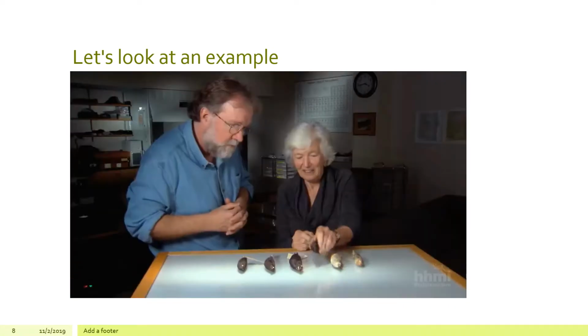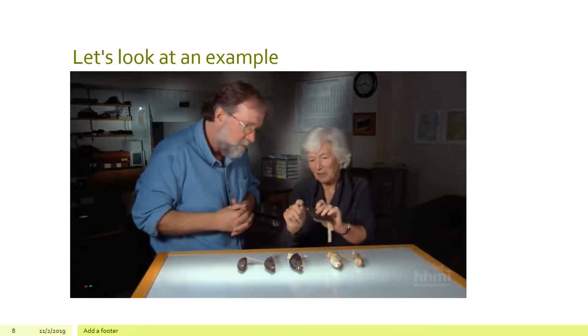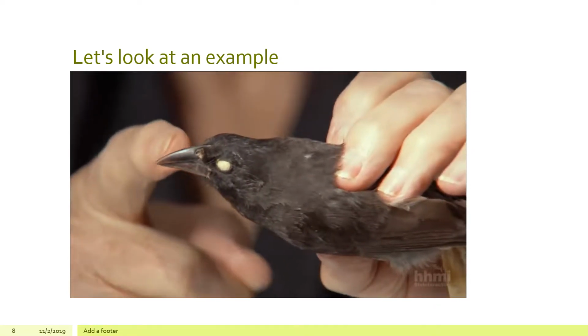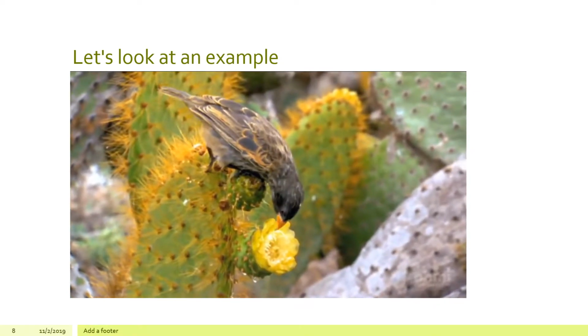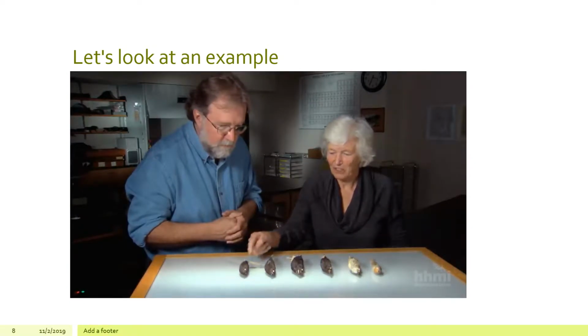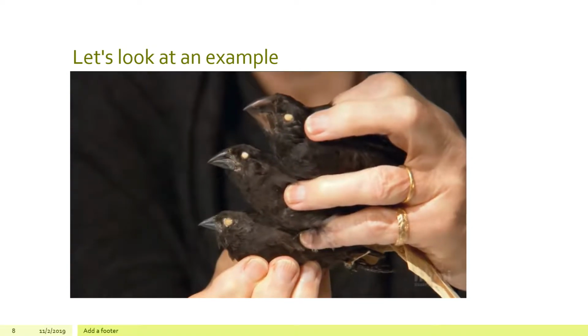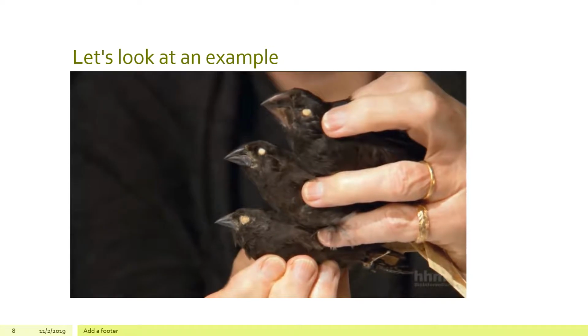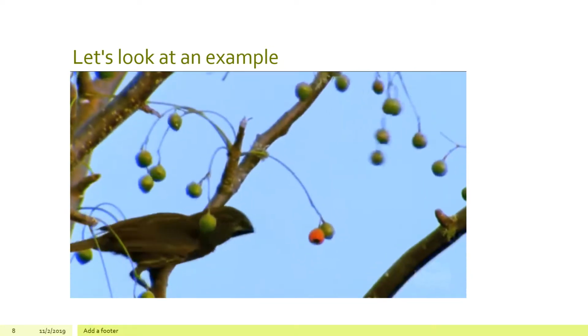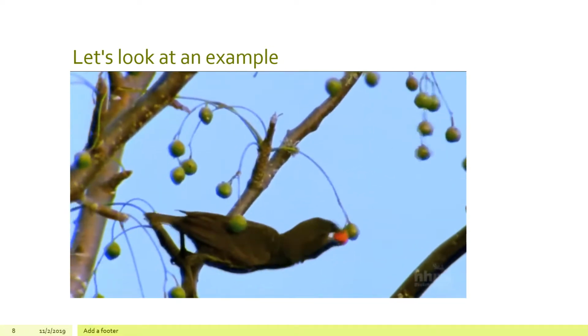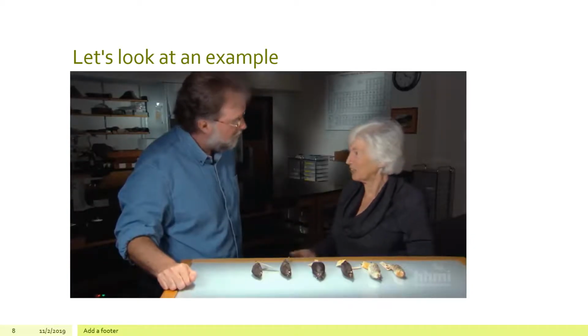Then we have the cactus finch with a much longer, sharp pointed beak which probes into cactus flowers. And then these three species are the large, medium, and small ground finches. So, the basic idea is the beaks are tools, and you need the right tool for the right job.